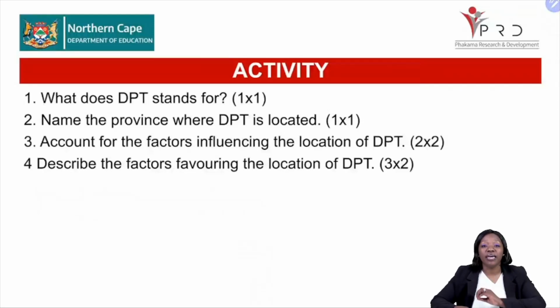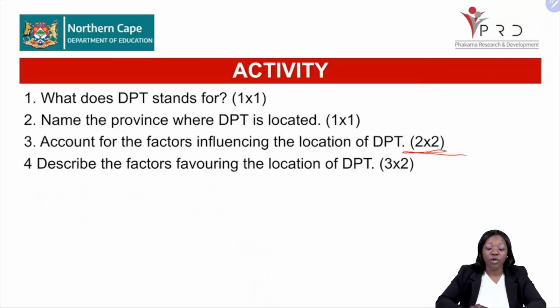Then we're looking at the activity. In the activity, number 1, what does PDT stand for? Then number 2, you name the province where PDT is located. Then number 3, account for the factors influencing the location of PDT, 2 times 2. Again, remember we said read the mark allocation so that you know for sure how many responses you're supposed to give.